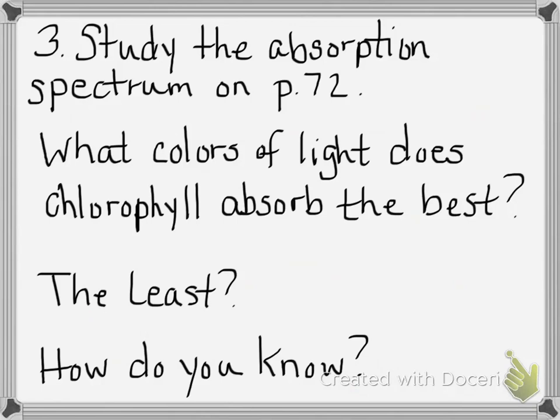Okay, question number 3. Let us all go over to page 72. As we're going, can you just stop for a second on page 70 and let me tell you that page 70 is a nice page because we see that white light is actually made of all the colors of the rainbow. Just want to remind you about that.